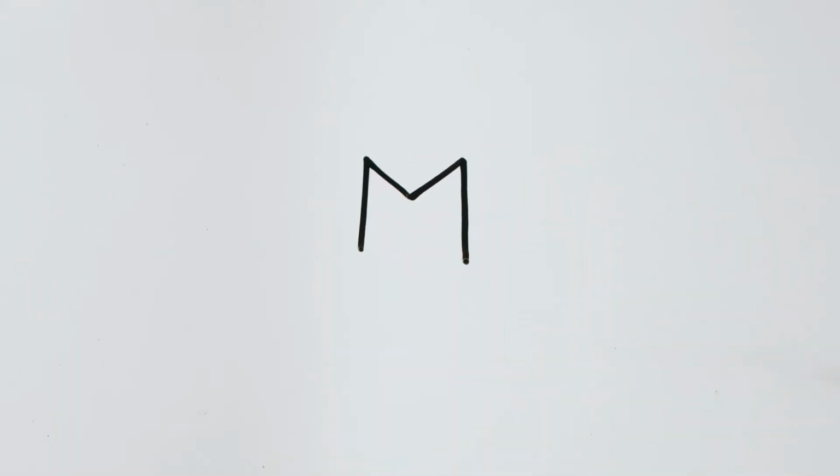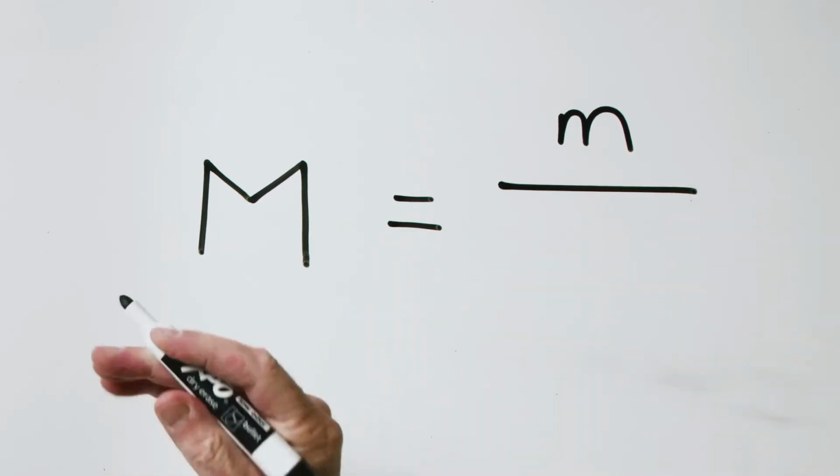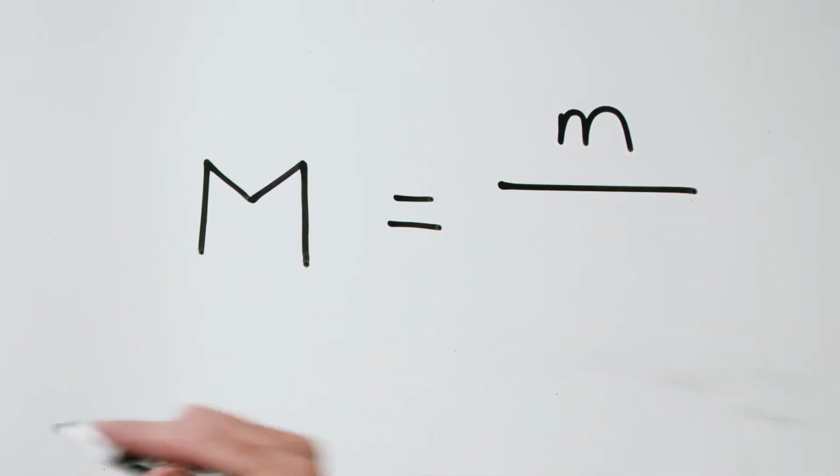Molar mass has the symbol big M, and we know that the unit of molar mass is the gram per mole. Okay, and if you think back to the video that we did looking at dimensional analysis, we can then figure out what our equation is going to be. Molar mass has units of grams per mole. What do we measure in grams? We measure mass. What do we measure in units of mole? Well, that's amount of substance, which we abbreviate small n.